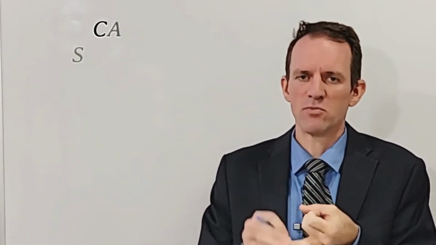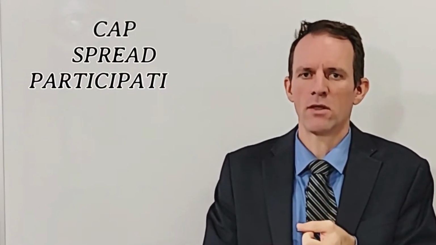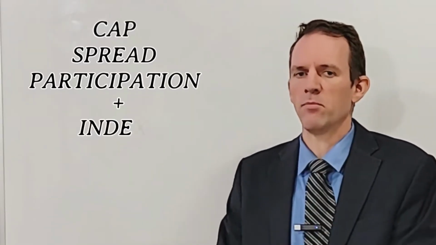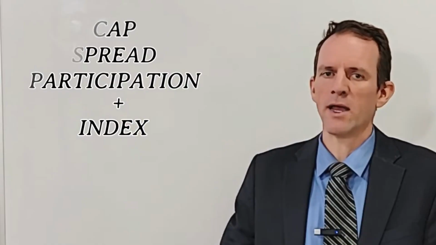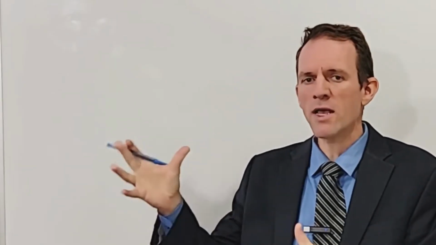Your illustration is taking the cap, the spread, and the participation and your index, looking back over 10, 20, 30 years, and they're calculating non-guaranteed values, okay? New sales have amazing caps and spreads and participations to make your non-guaranteed values look incredible.